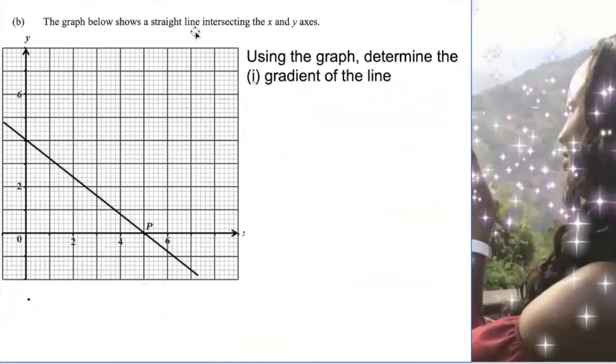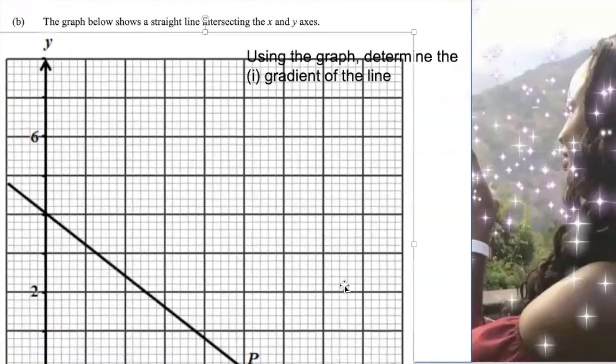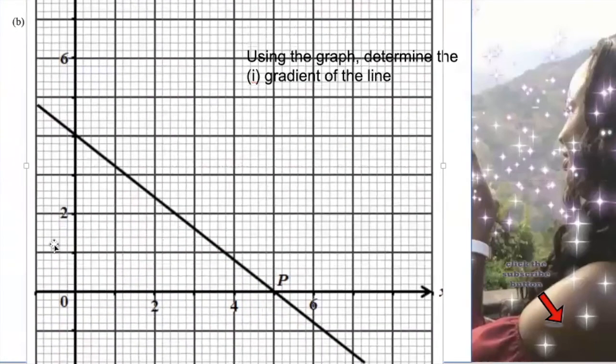It will not work. The graph below shows a straight line intersecting the x and the y axis. Now I'm going to increase the graph just for now. So it intersects at this point, and the next point is here. So I've increased the size of the graph just to show what's happening here.